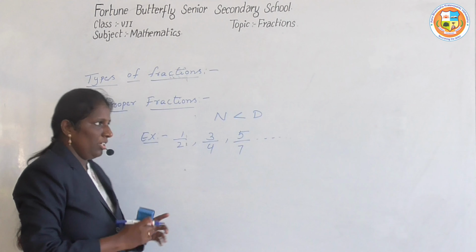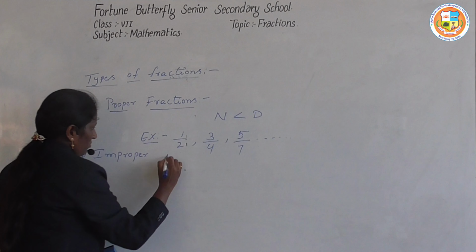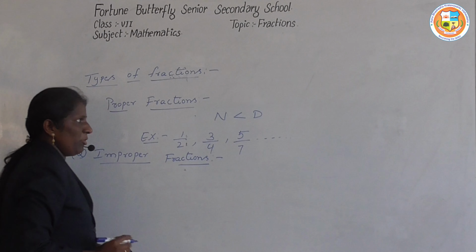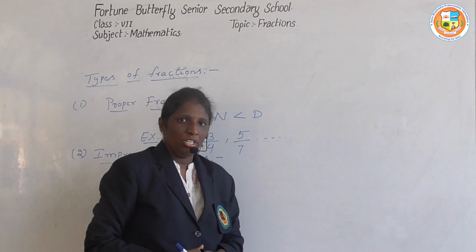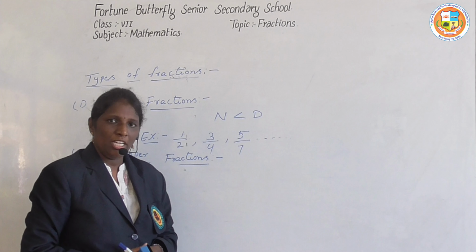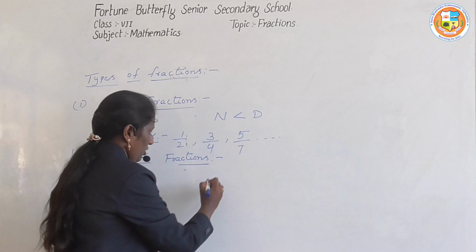The next one is the improper fraction. An improper fraction is a fraction in which the numerator is greater than or equal to the denominator.